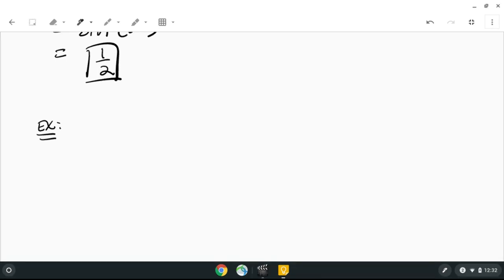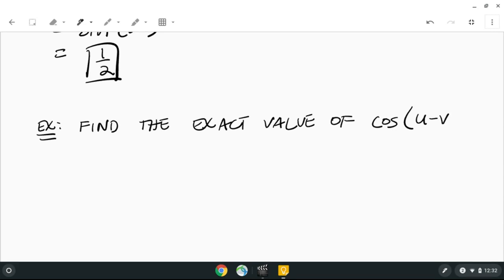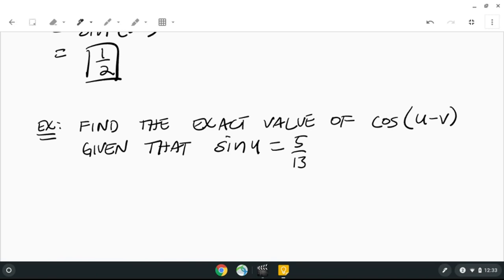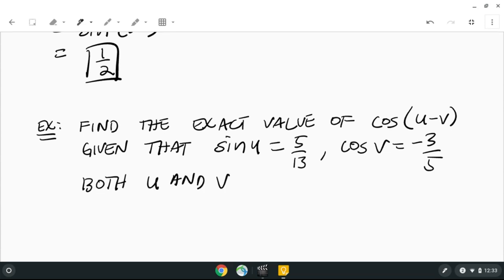Okay, so find the exact value of cosine u minus v, given that sine of u equals 5/13, cosine v equals -3/5, and both u and v are in quadrant 2.